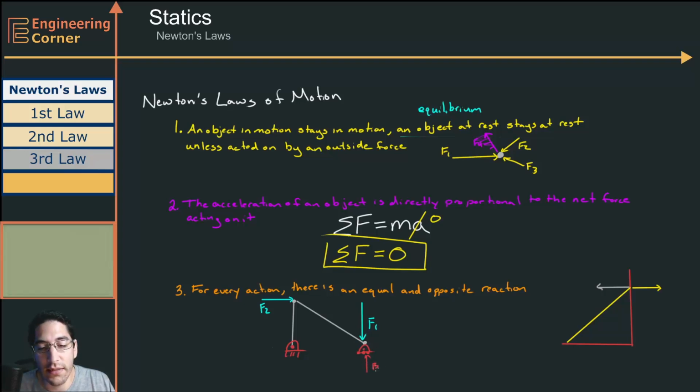So we'll say this is By, this right here is Ay and Ax. So we need to figure out what these reaction forces are in this part of the problem in order to keep our structure in equilibrium. So Newton's laws of motion really set the principles and the baseline of how we attack problems in statics.